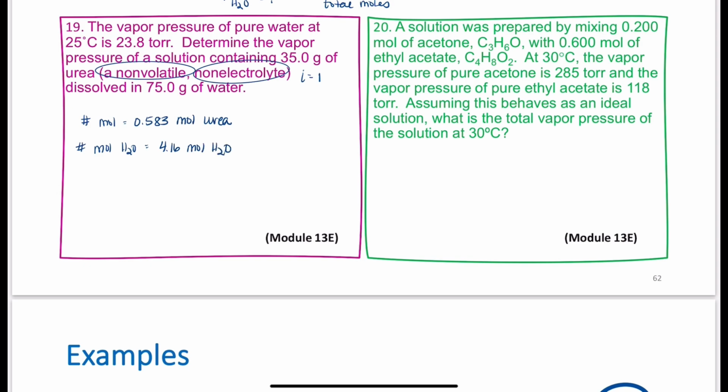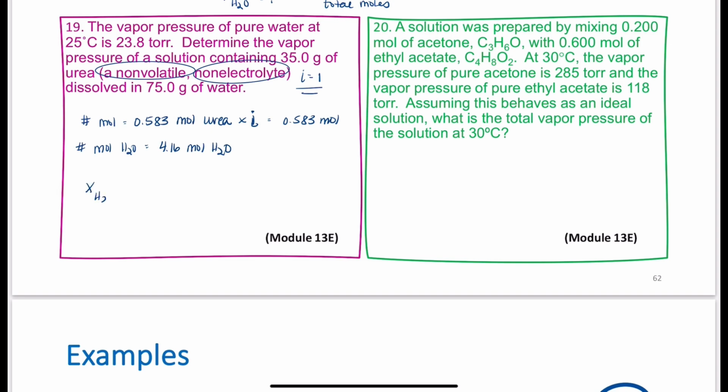Again, if urea had a different i value, this is where I'd multiply it by that i value. It stays the same because i is equal to 1, so I still keep 0.583 moles of urea. But if I had a different i value there, that's where I would multiply it.